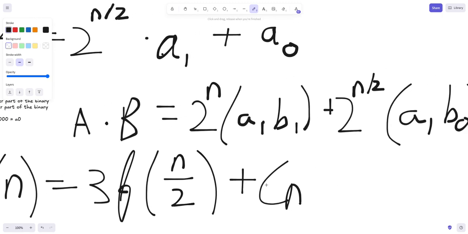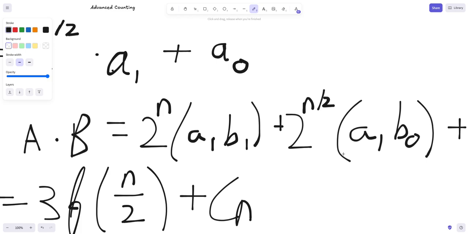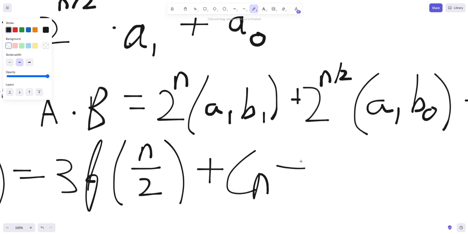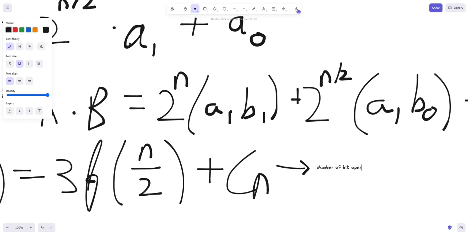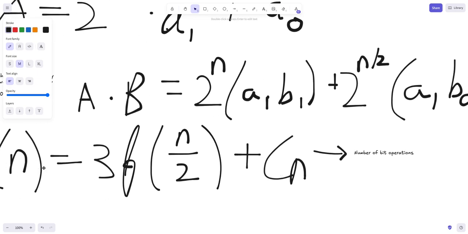The reason we have a constant for the conquer part of the algorithm is because this really depends on the size. Cn is the number of bit operations that we're doing. This would include addition, multiplication, shifting, and things like that. Based on the size of the binary number, this would really change. So we don't really have a set number of bit operations, and it would really depend on the size of n that we have.